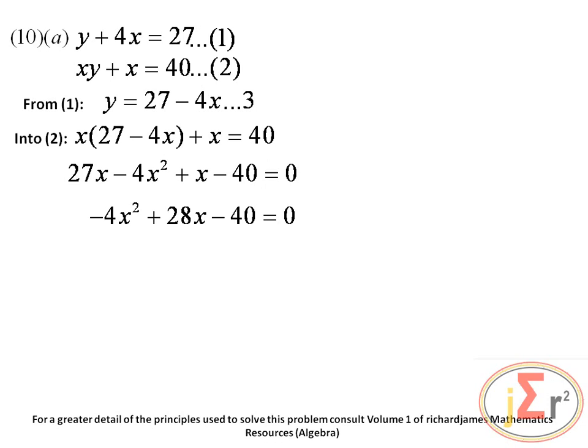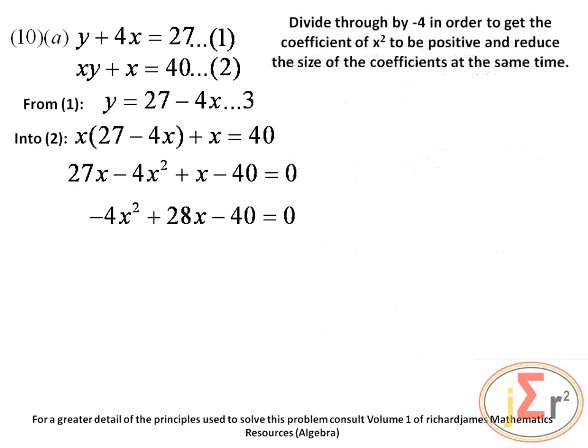So instead of dividing through by 4, then changing all the signs, we are going to divide through by negative 4. So dividing through by negative 4, we have negative 4 into negative 4, that will cancel. Then we have negative 4 into 28, so that is negative 7. And we have negative 4 into negative 40, that is a positive 10.